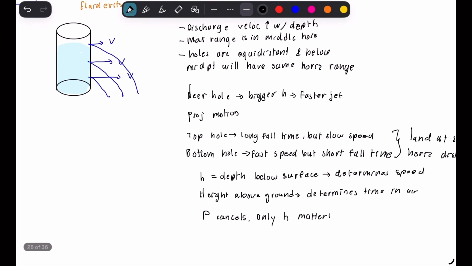So a fluid exits a hole with the same speed as if it had fallen from the fluid surface. So Bernoulli is going to turn it into a simple free fall.